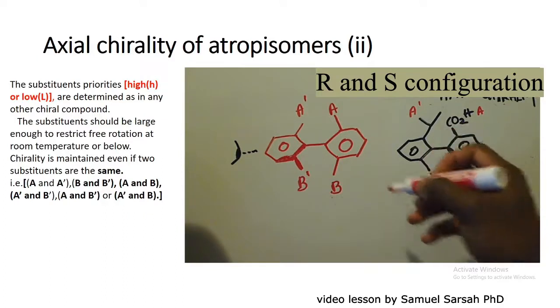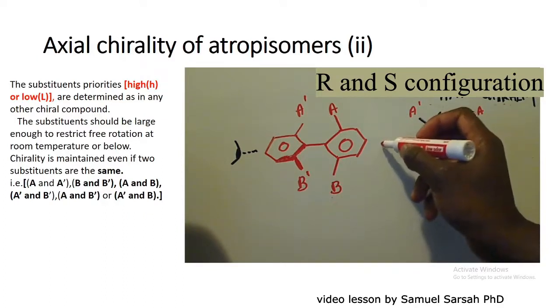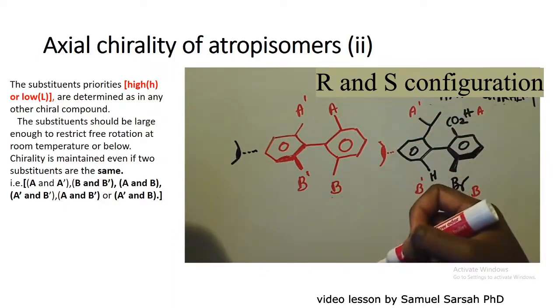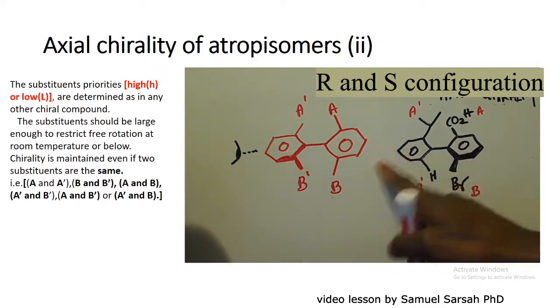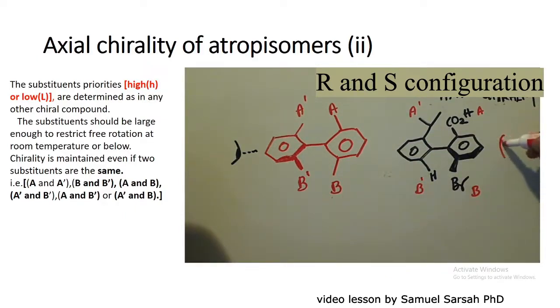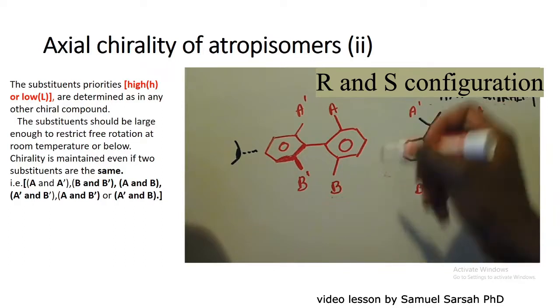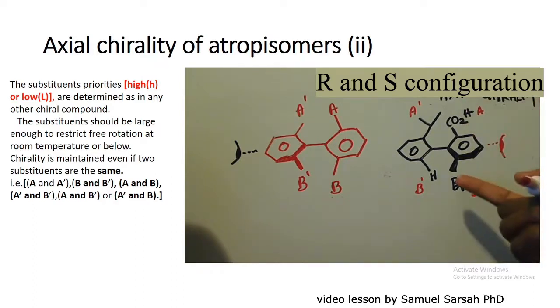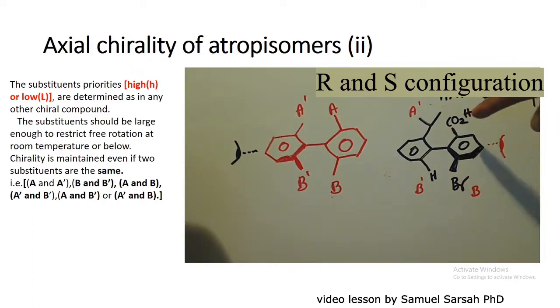Let's see. If I'm looking at the molecule from the side, okay, let me change it and look at it from this side. If I'm looking at the molecule from this side, I will see A and B first, and A and B are in horizontal direction, where the bromine, which is B, is pointing towards me, and the carboxylic acid is pointing away from me.